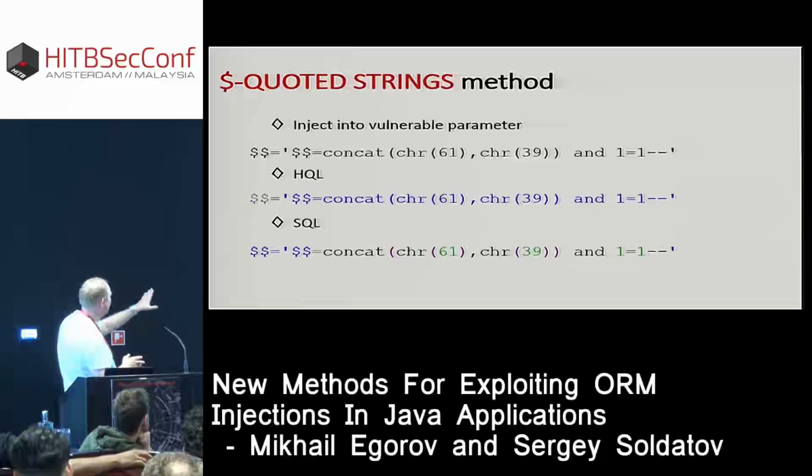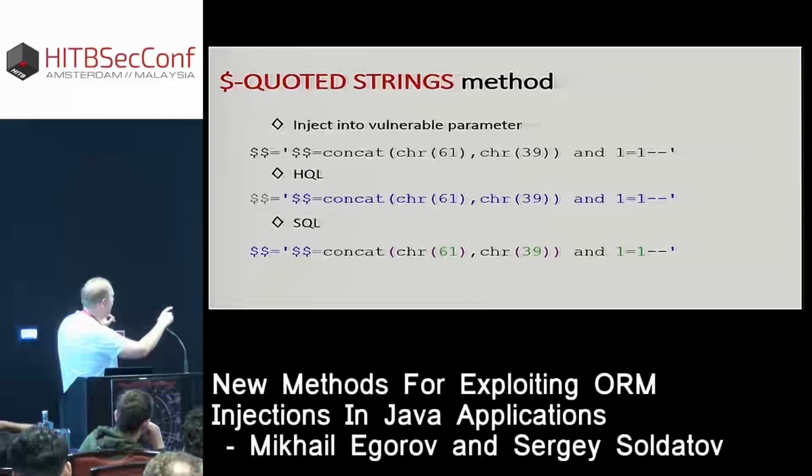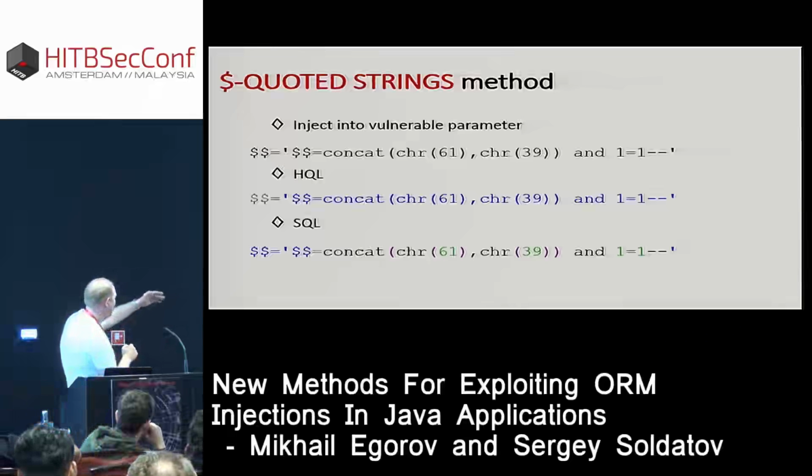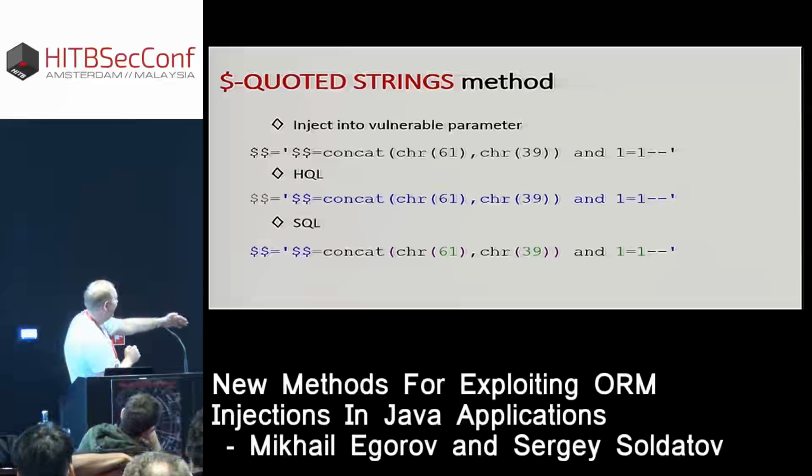Suppose this string. HQL understands it as a comparison with identifier dollar dollar with a string that started with double dollar. But SQL understands the same line differently. It understands a string quoted with double dollar signs compared to the concat function.